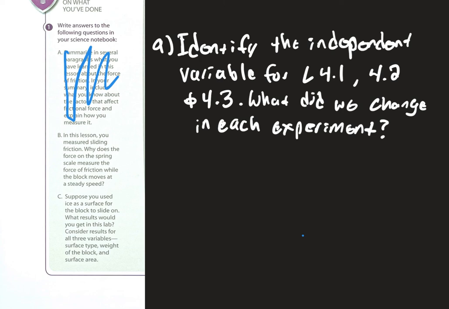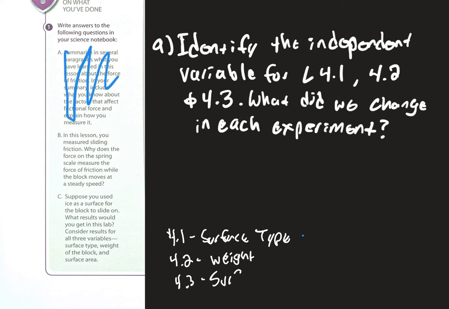So just to summarize that, 4.1 was our surface type, is what we tested. 4.2, we tested how weight affected the force of friction. 4.3, we tested surface area.